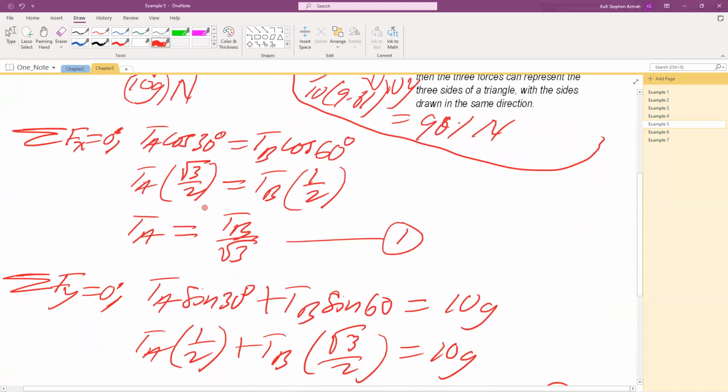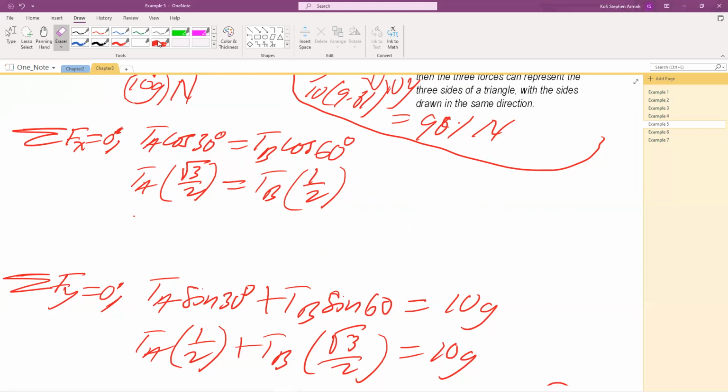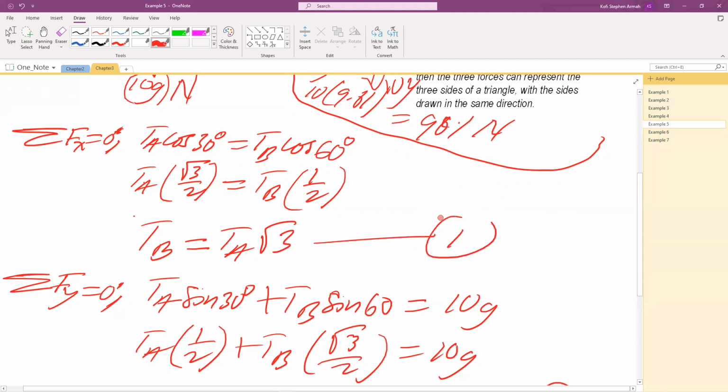So TA is TB root 3 over 2, or TB is equal to, half cancels half, so TB is equal to TA root 3, from equation 1. It doesn't matter. You could have used the other one.